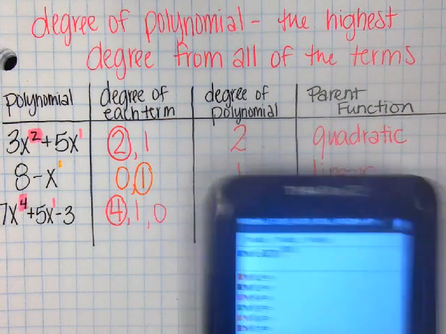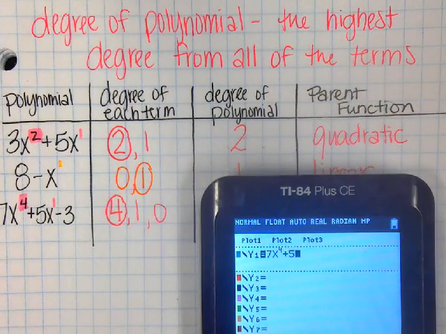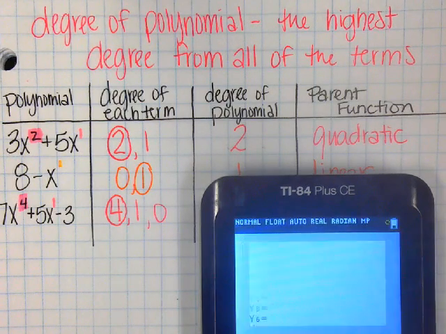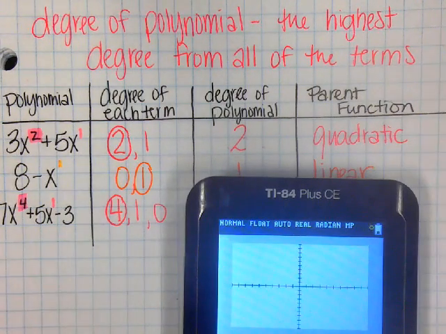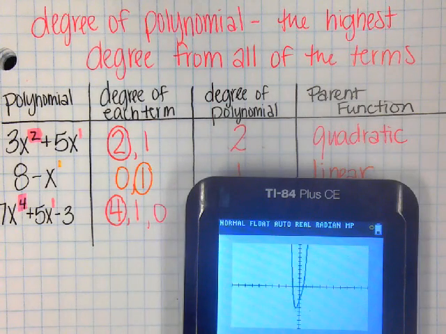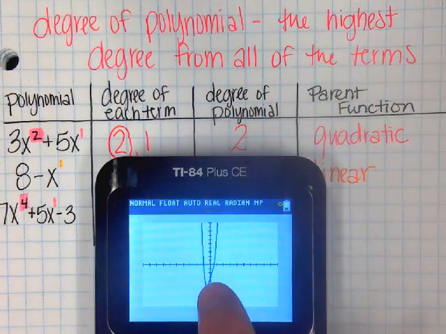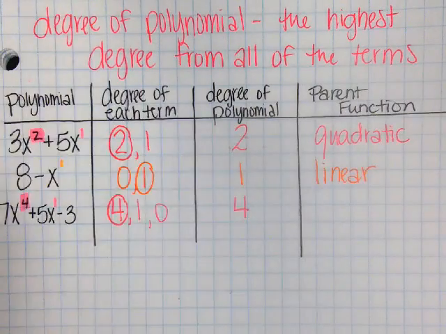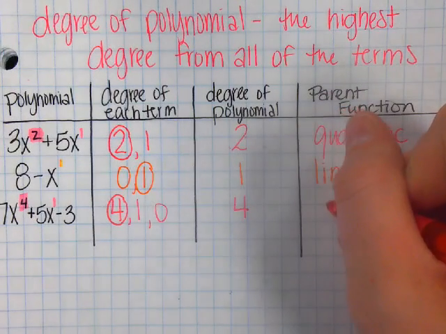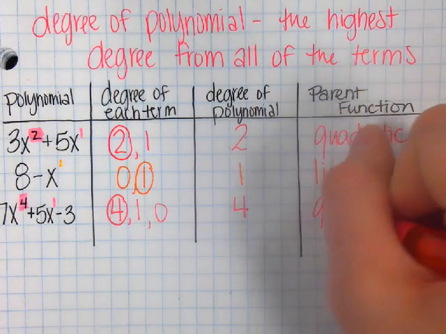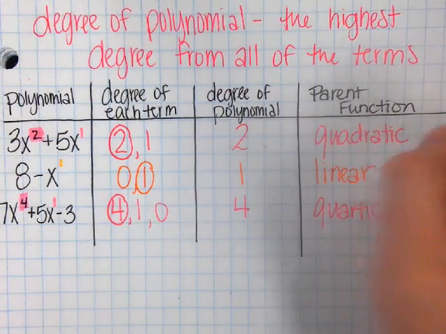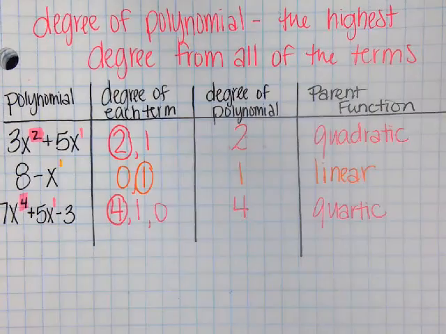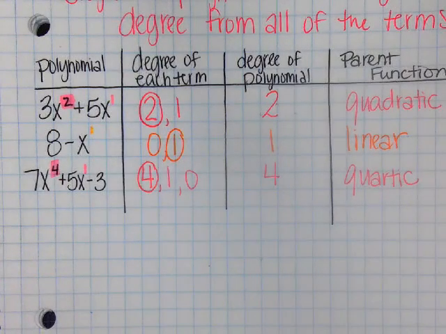And then if I type this one in, 7x to the 4th plus 5x minus 3. You've probably never seen one like this before. You can see that there's a little weird part right there. It's not exactly a parabola because it's not exactly symmetric. So this is actually called quartic.